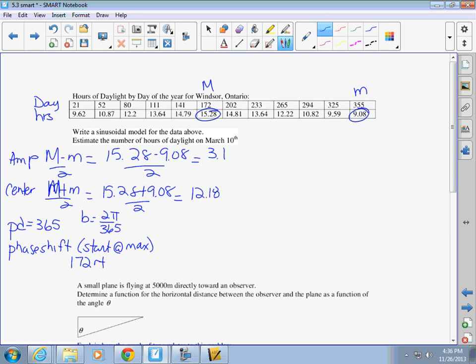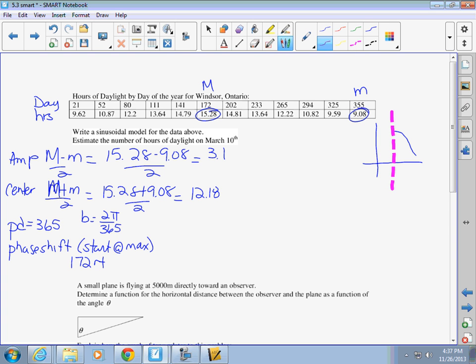So we can make our function here. If I draw my diagram, I'm going to have to move this over here. My maximum value is here at 15.28, and then it starts to go down, down, down, and this is my phase shift going from there.